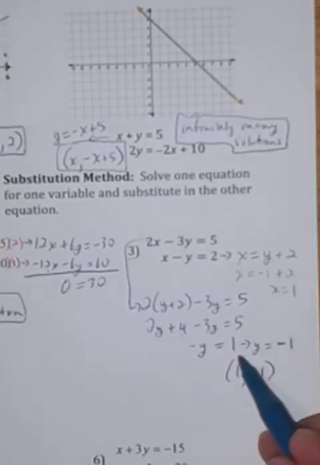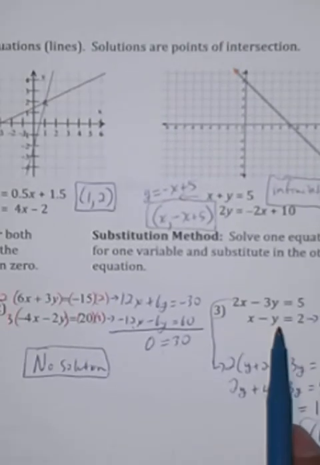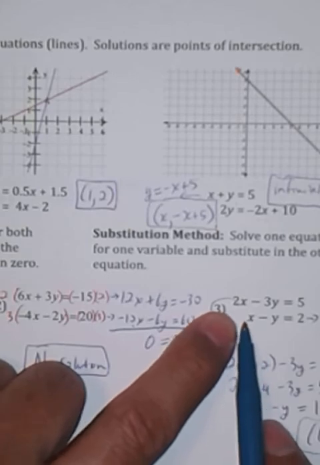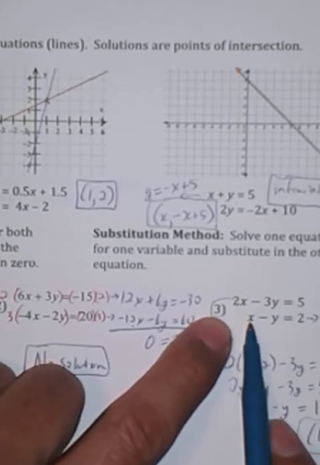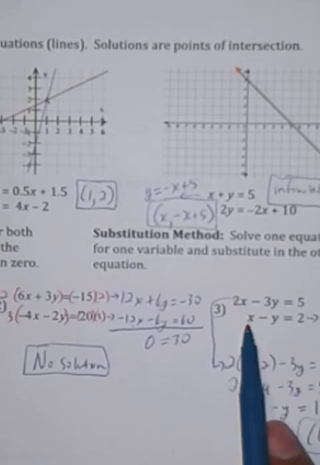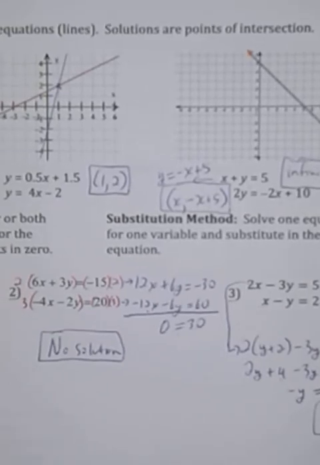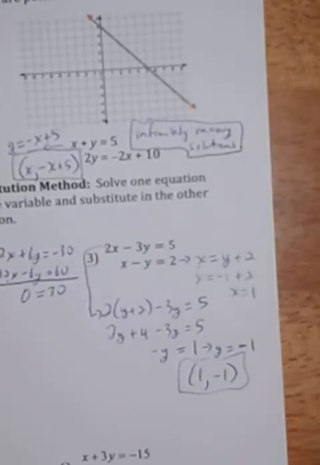All right, notice I could have done that one by elimination. If I just multiplied the bottom by, let's say, negative 2, I could have eliminated my x and solved for y.